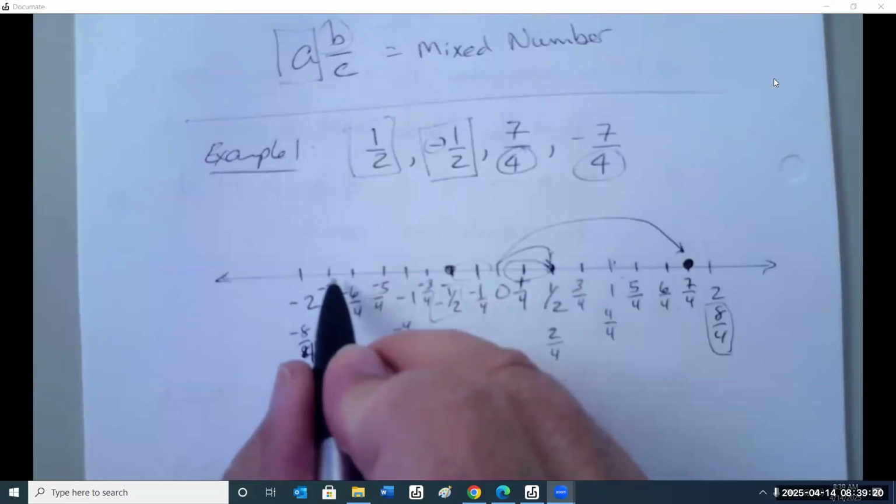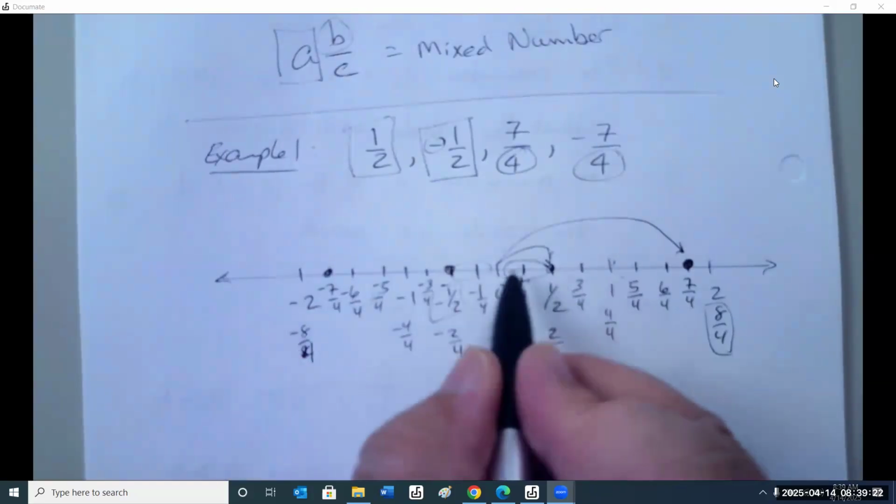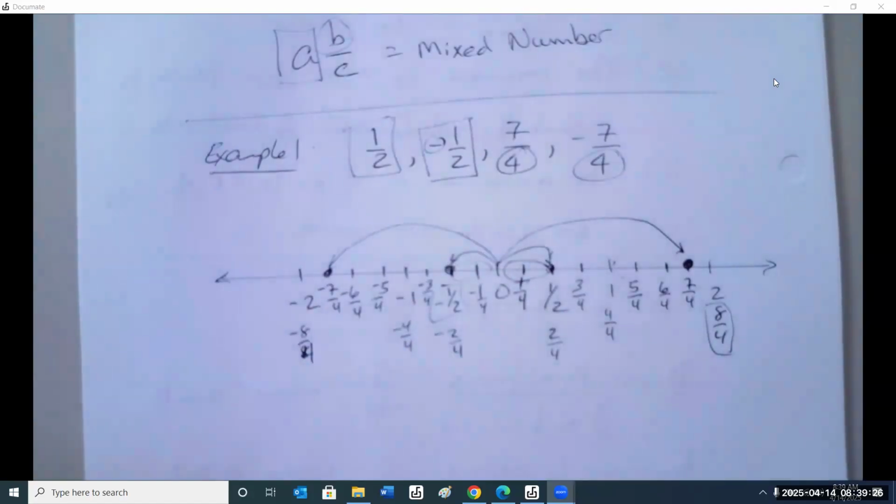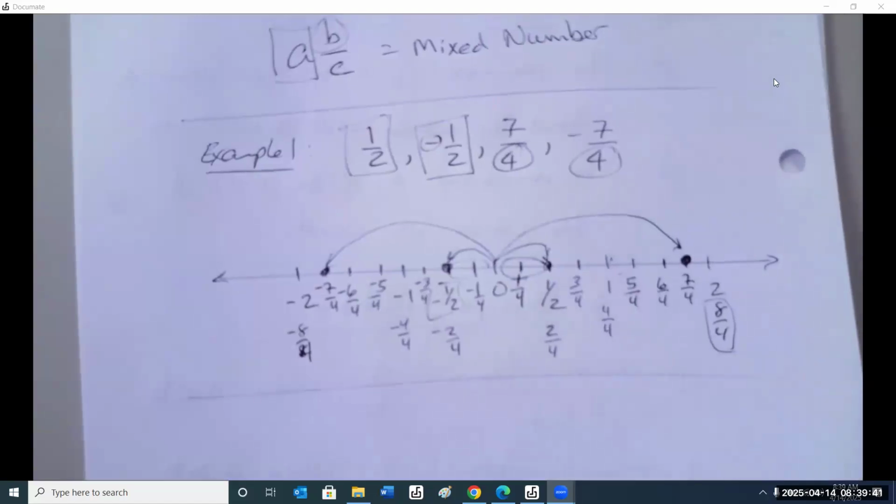We want negative 7/4, which is there. So that's how you find numbers on a number line. Any questions?